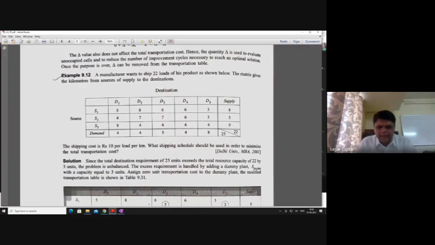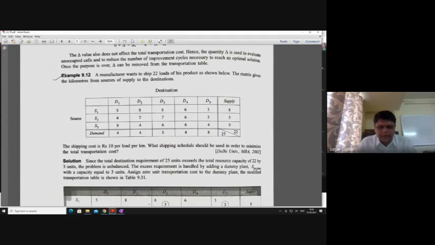What is the total of supply? 22. And demand is 25. So you have to consider one row, which is called a dummy row, which will take care of the surplus demand, to match the supply with the demand.